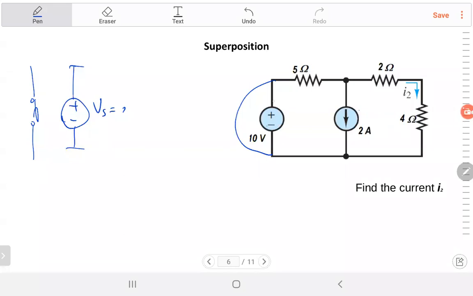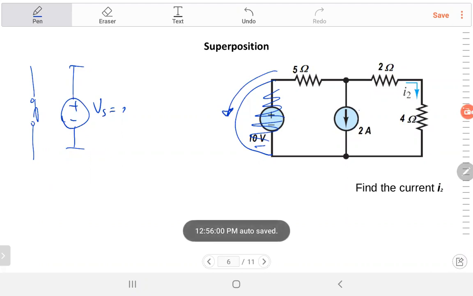Once you put a short circuit on the power supply, it's not there anymore. Why? Because the electrons will prefer to flow in a wire than flowing in some element that has resistance, because the wire has zero resistance. It will just go through it. So that's why we represent it as a short circuit.